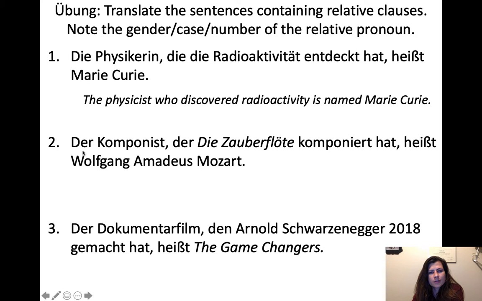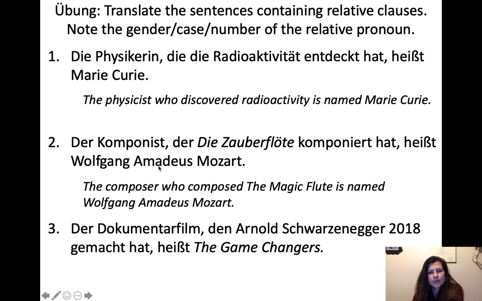So der Komponist is of course the composer, and then der, meaning der Komponist, hat die Zauberflöte komponiert. So this is actually the subject, the masculine nominative of our relative pronoun. So the composer who composed the magic flute is named Wolfgang Amadeus Mozart.